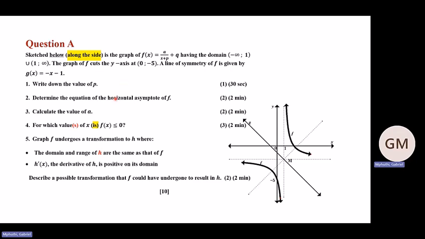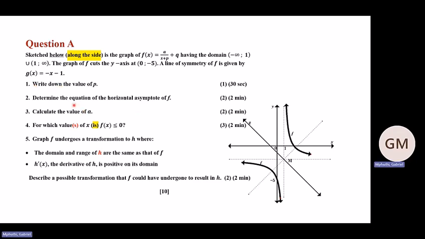So if I can read the question: sketched below is the graph of f of x equals a divided by x plus p, plus q, having the domain minus infinity to 1, union 1 to infinity. The graph of f cuts the y-axis at (0, 5), and the x-axis at (0, -5). A line of symmetry of f is given by g of x equals x minus 1.